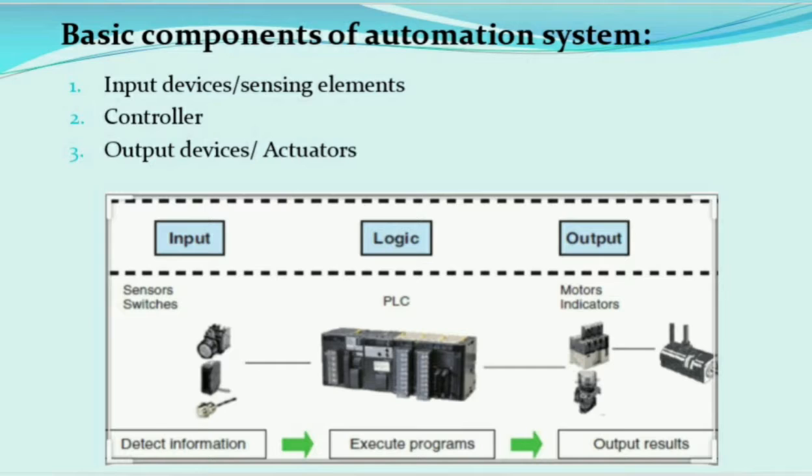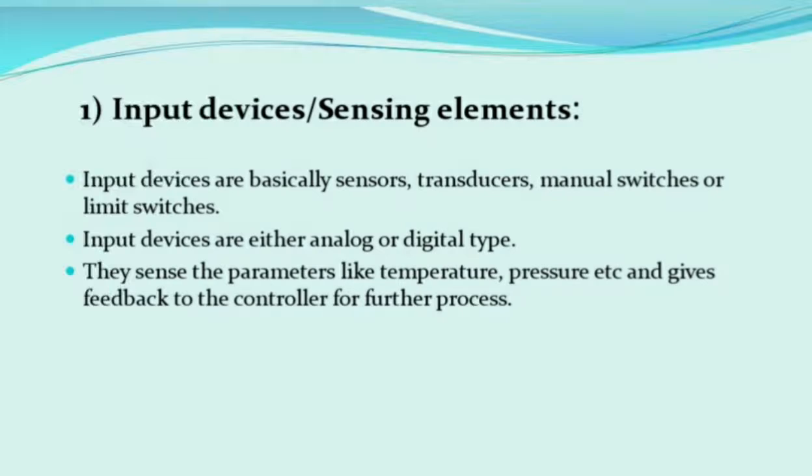An automation system has three basic components, that is input devices, controller and output devices. The very first component of automation system is input devices. Input devices are also called sensing elements.